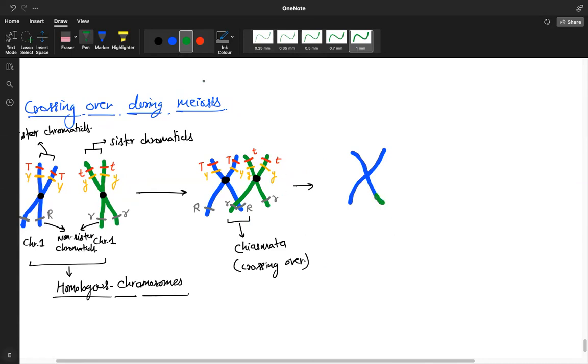Understand? And the green chromosome will have a region from the other. You understand how it happened? Yes. This got broken and joined to it. Basically, exchange of genetic material happened. So at this level, what is happening?